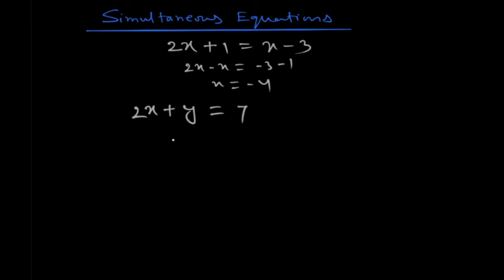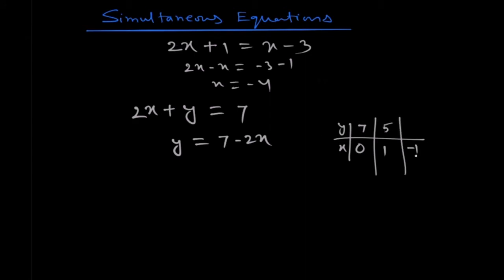Suppose I take 2x to the right, it will become y is equal to 7 minus 2x. Now you can take different values of x and we will get the corresponding value of y. Suppose x is 0. If x is 0, then y is equal to 7. If x is 1, then it is 7 minus 2, that is 5.